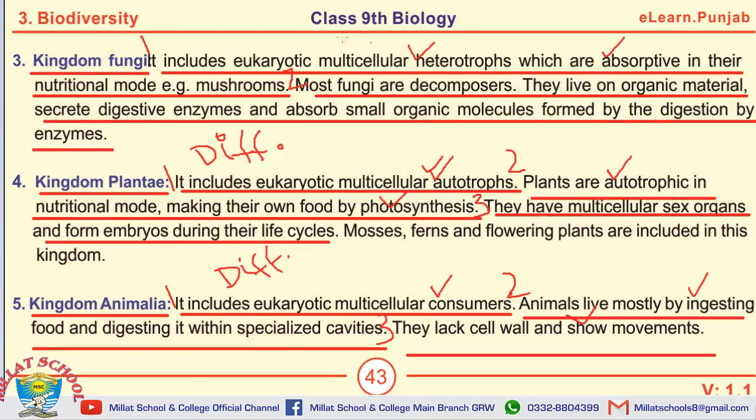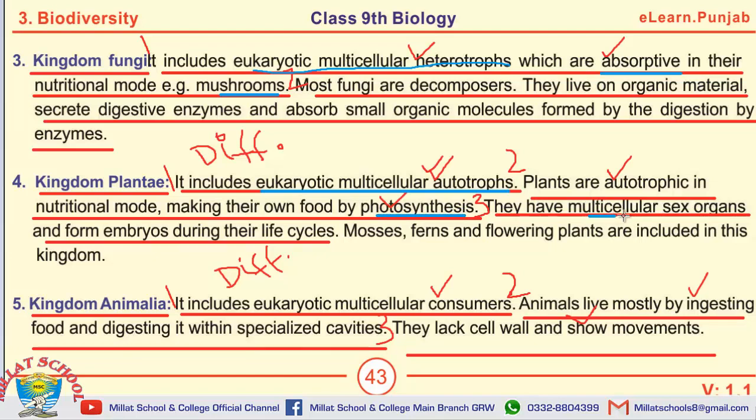The multiple choice questions. The first one is kingdom Fungi include eukaryotic multicellular heterotrophs. Fungi are absorptive in their nutritional mode. Mushrooms are fungi. Kingdom Plantae have eukaryotic multicellular autotrophs. Plants make food by photosynthesis.